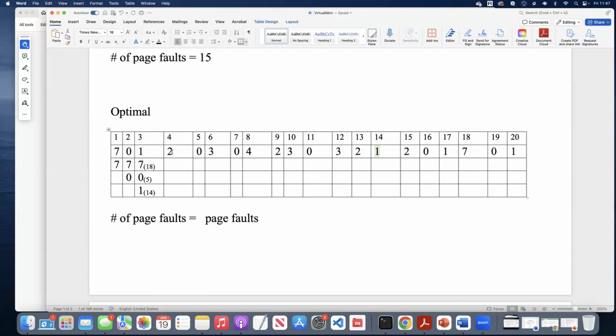Now we can see page 7 will not be used for the longest period of time compared with page 0 and 1. So page 7 will be selected as the victim page. So page 2 replaces page 7. And then page 0 is in the memory, no page fault.